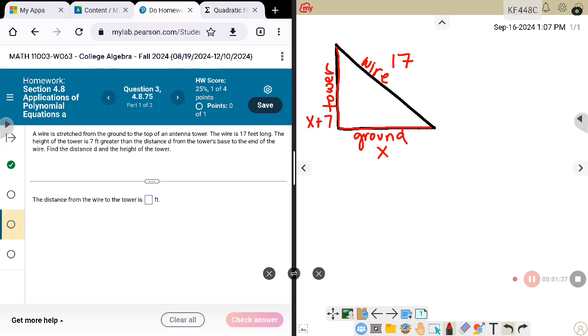Now, you'll notice that when you draw out this problem, you are creating what is called a right triangle. Whenever you are talking about the sides of a right triangle, you may have heard of the Pythagorean theorem before. A squared plus b squared is equal to c squared.